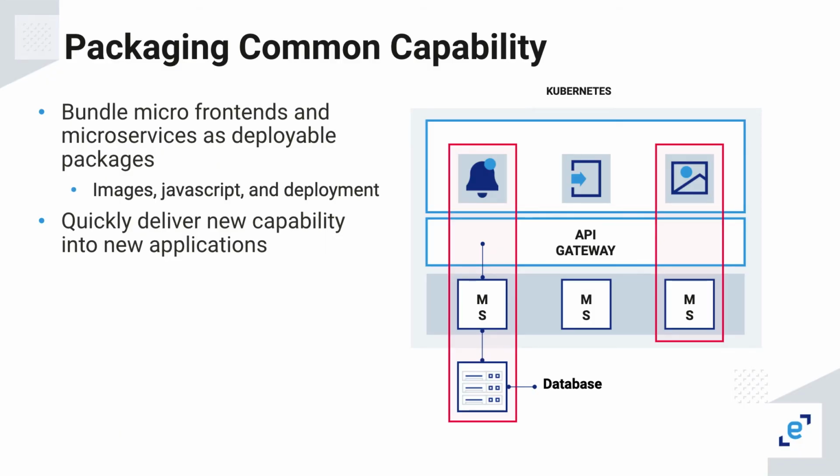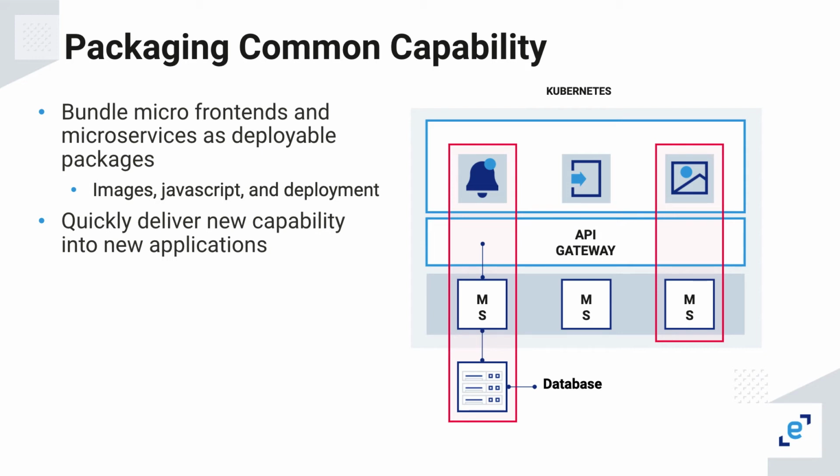So one potentially valuable pattern for applying micro frontends and microservices is to think about how you package common capability. How do you take a bundle of micro frontends and microservices and create deployable packages from them? For example, you have this alert icon with its microservice and its database, over here in the picture on the right. This could be packaged up in something that you reuse across many applications.